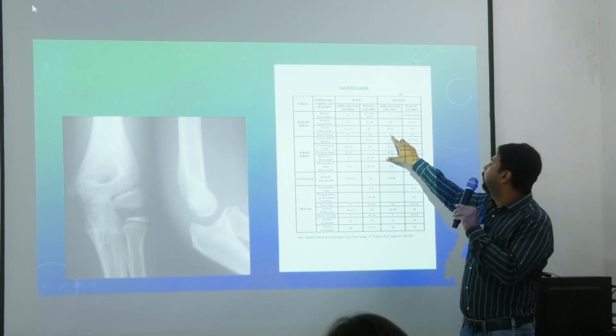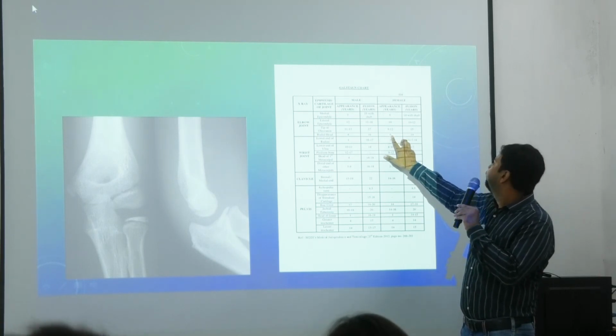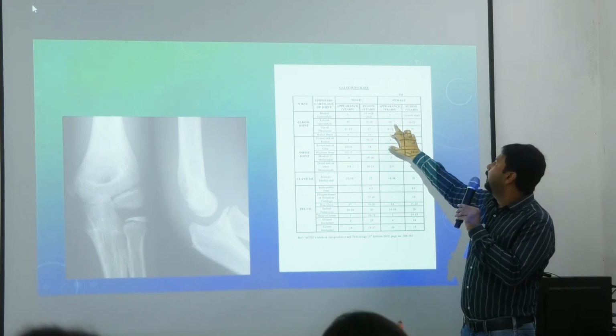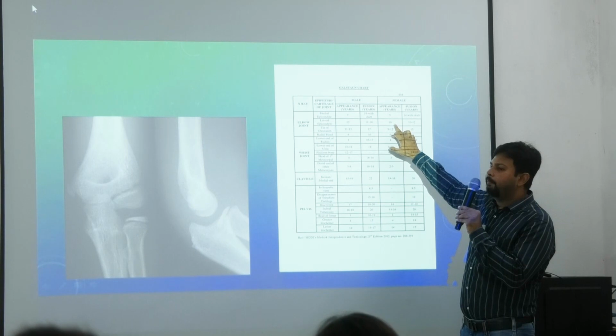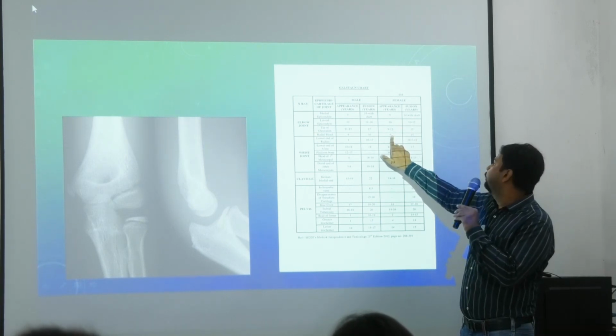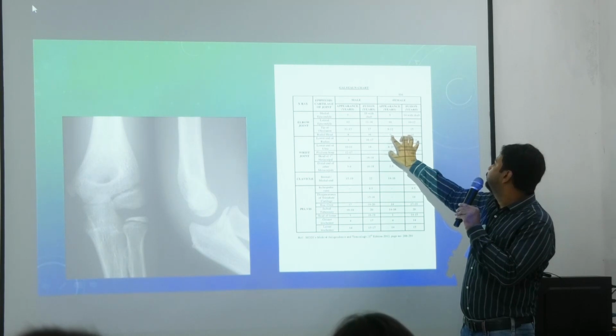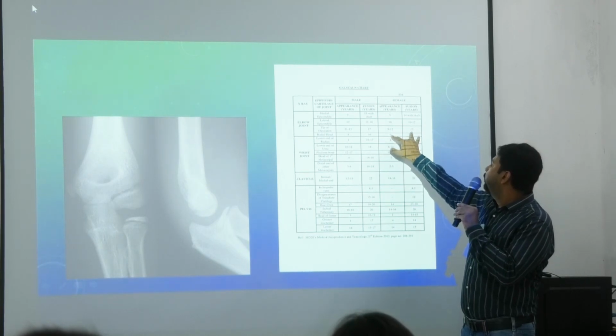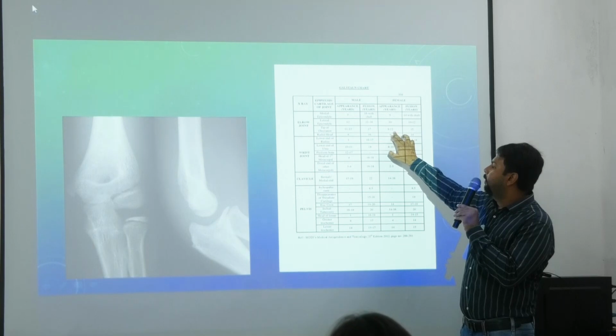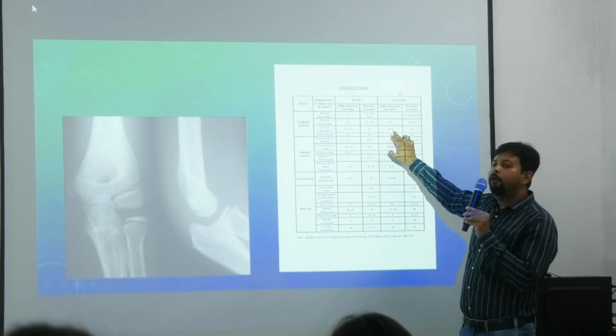Now coming to lateral epicondyle: it has not appeared, so below 10, above 6, below 10 till now. Then the tip of olecranon process has not appeared, so it will be below 12.